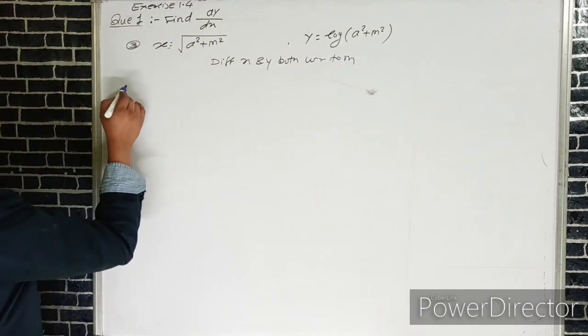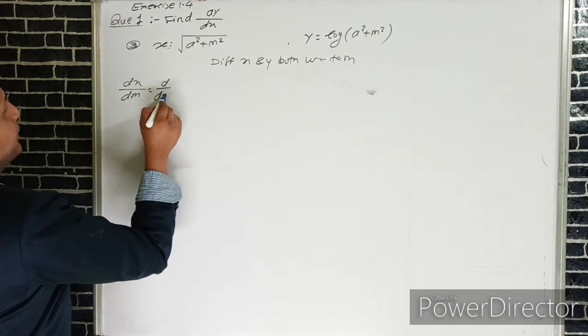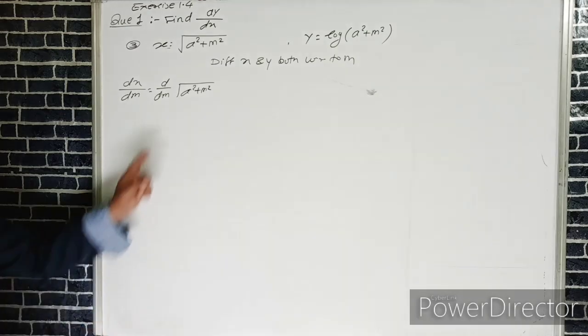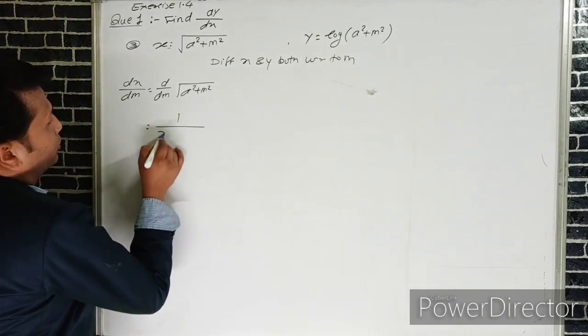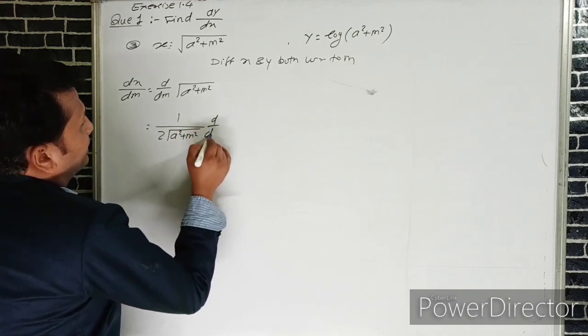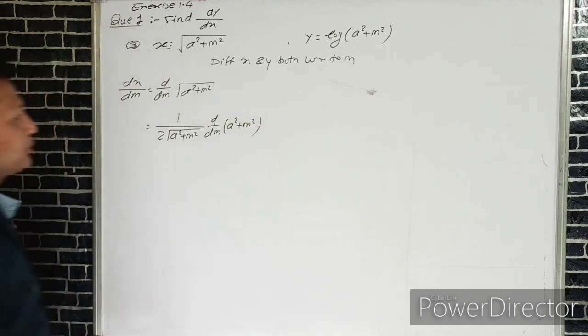then we can write dx upon dm is equal to the derivative with respect to m of under root of a square plus m square. We know that the derivative of under root is 1 upon 2 under root of a square plus m square, and we take again the derivative of a square plus m square with respect to m.